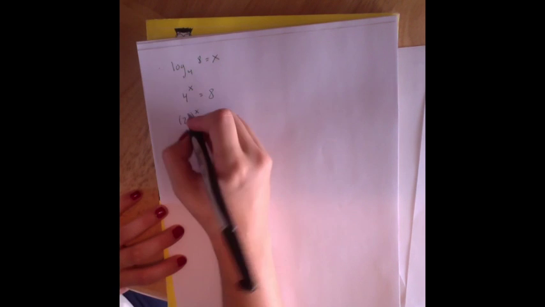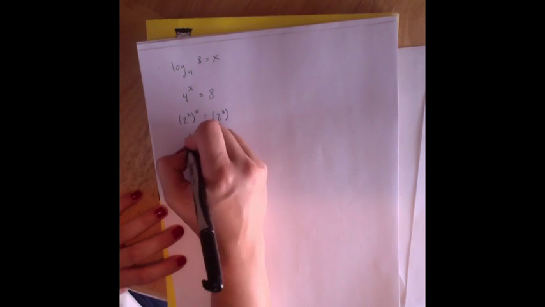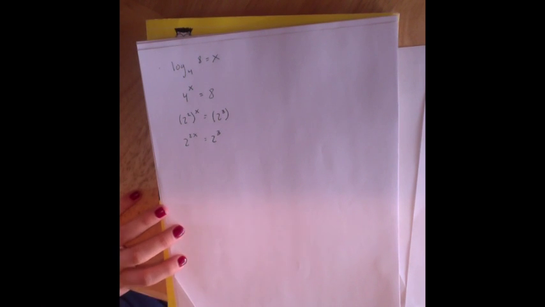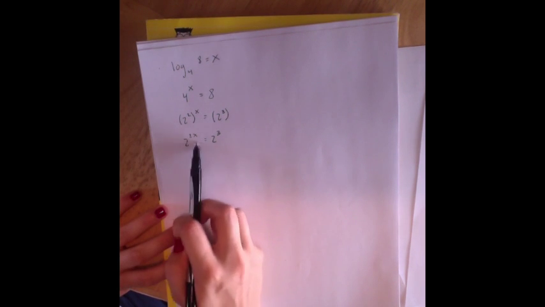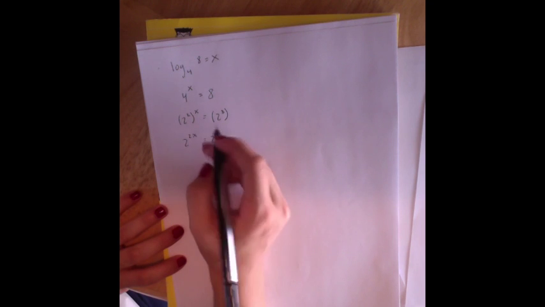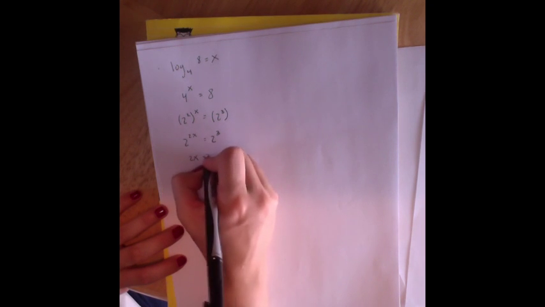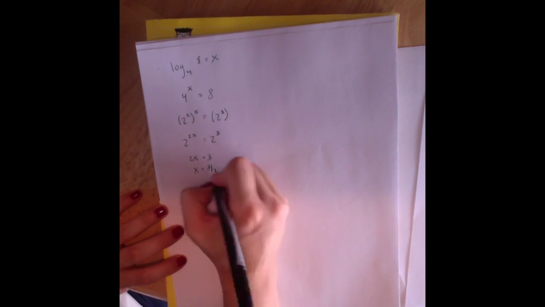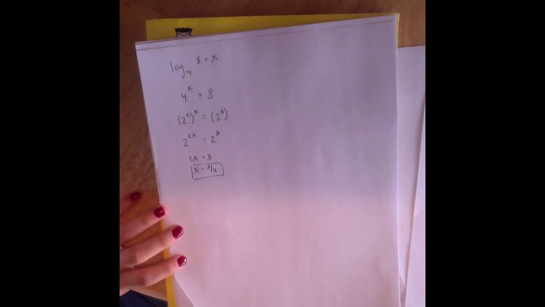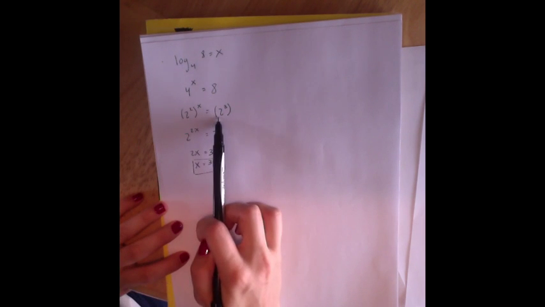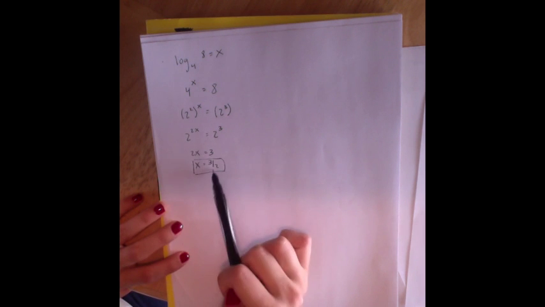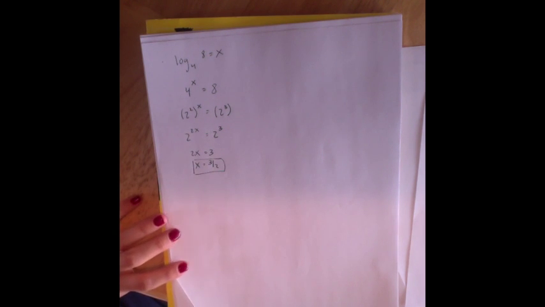If I have a power raised to a power, I multiply them, so I get 2 to the 2x equals 2 cubed. These both have the same base, and they're equal, which means their powers are equal. So 2x equals 3, so then x equals 3 halves. I just set up another mini equation to solve for x.